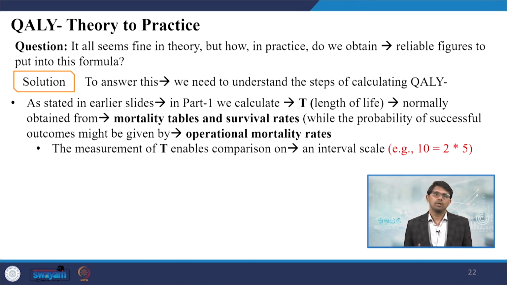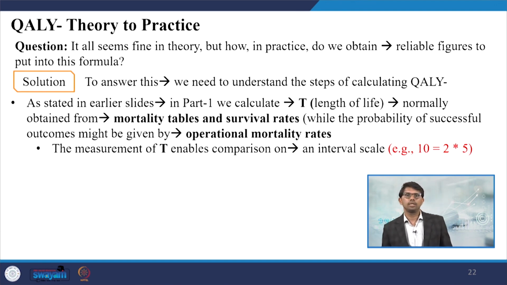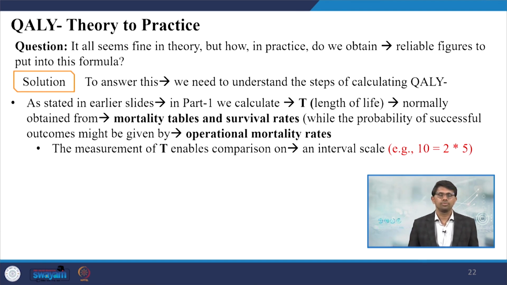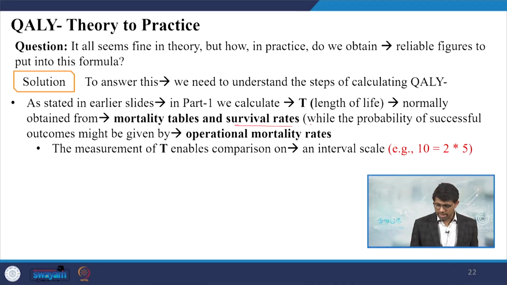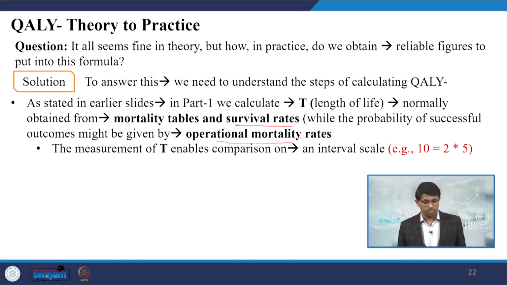As stated already in part 1, we calculated T, the length of life, normally obtained from mortality tables or survival rates, while the probability of successful outcomes might be given by operational mortality rates. The measurement of T enables comparison on an interval scale, that is, 10 is 2 times 5.